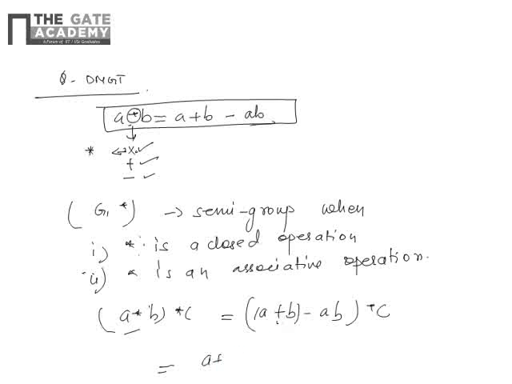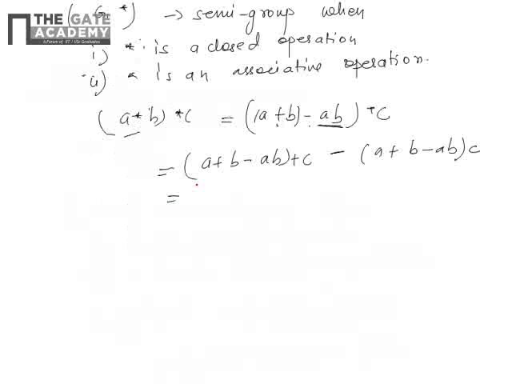It will be A plus B minus AB plus C, and then this minus AB is considered. So minus, again between A and B multiplication is the operand. So it will be A plus B minus AB, into C. Now if you simplify, you will get A plus B plus C minus AB minus BC minus CA plus ABC.